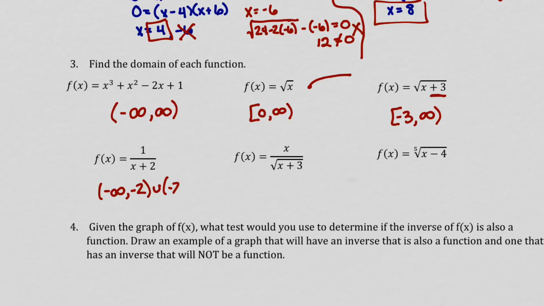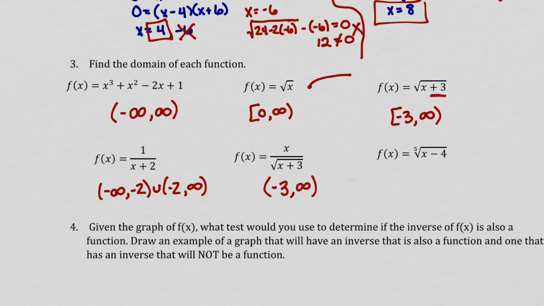But then at -2 on the other side, it also then goes to infinity. So it's all real numbers except -2. And if you were to graph x over the square root of x plus 3, you will see that it starts at -3, or has an asymptote there, but then goes to infinity. Okay, it's not a full hyperbola. It does not have the left side.